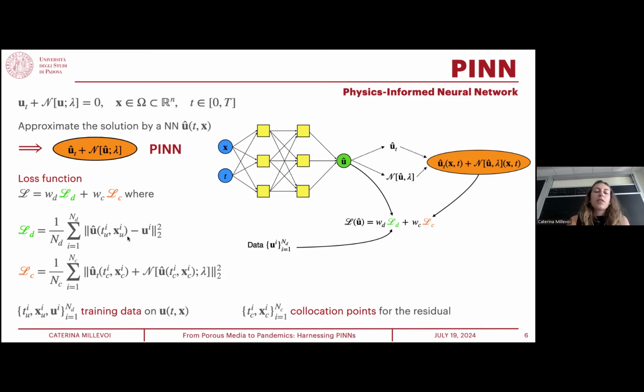All those points that belong to this set are called collocation points. While the first set is strictly related to the data that you have, the availability of the data, the latter one is completely independent, so you can evaluate and compute your residual wherever you want in your physical domain.